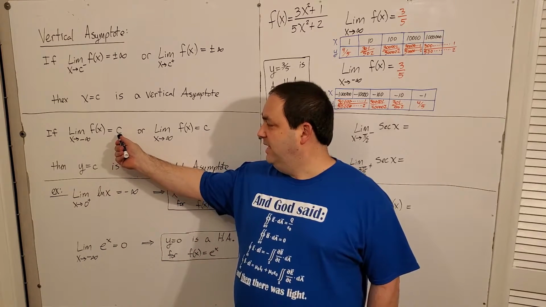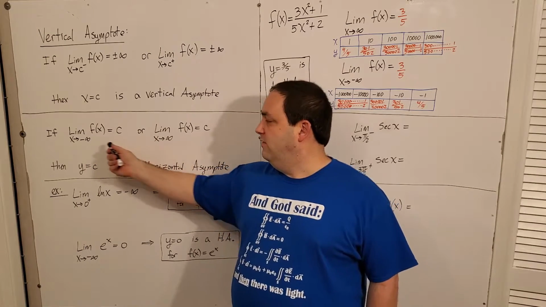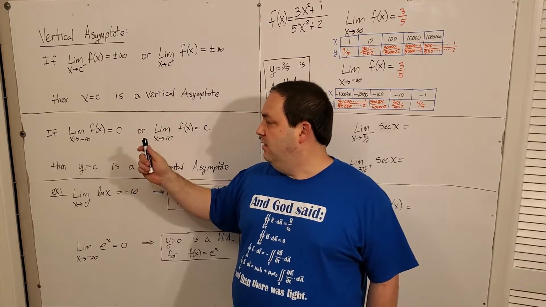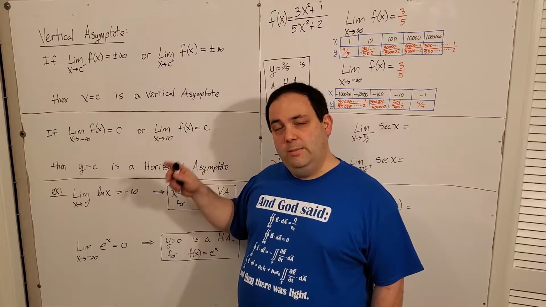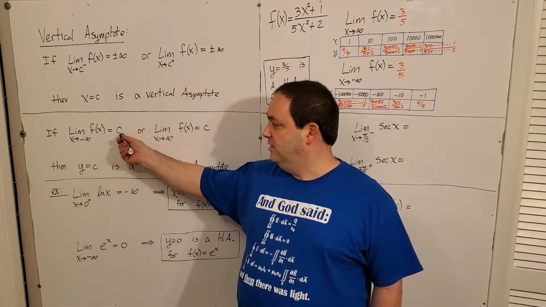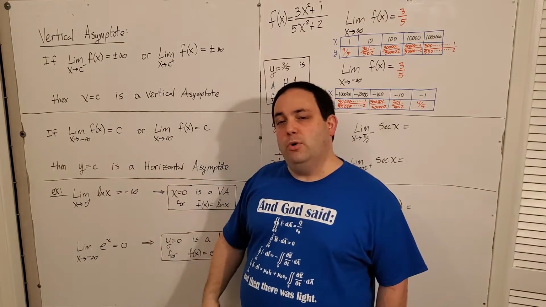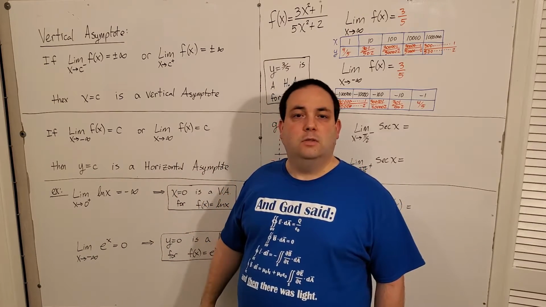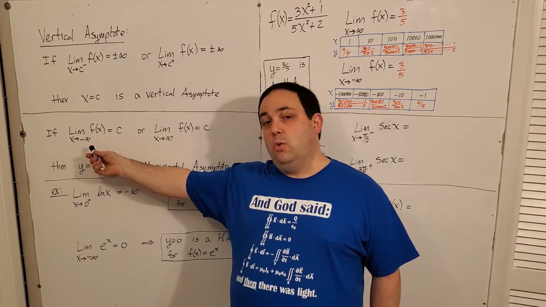So if I actually get a numerical answer for either one of these limits, then that particular y value, that limiting answer, is a y value now because it's a number. Y equal to that number becomes a horizontal asymptote, and it could be just a one-sided horizontal asymptote.